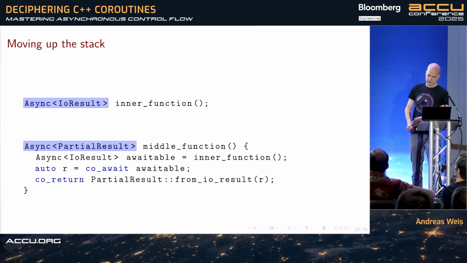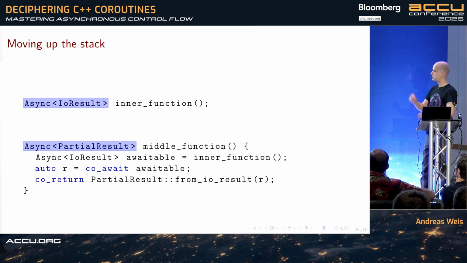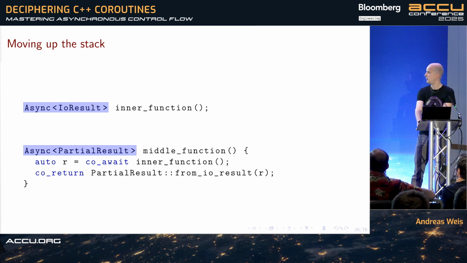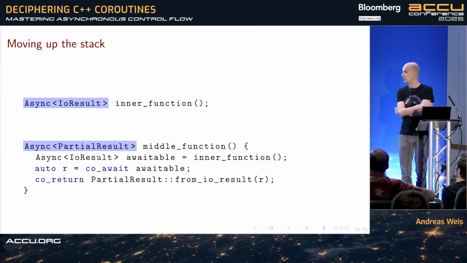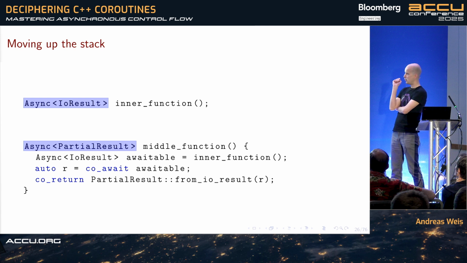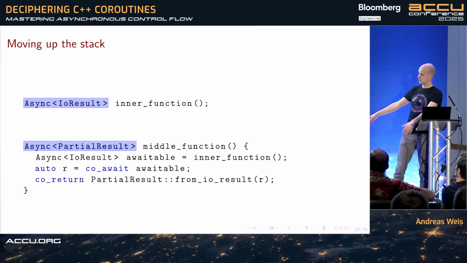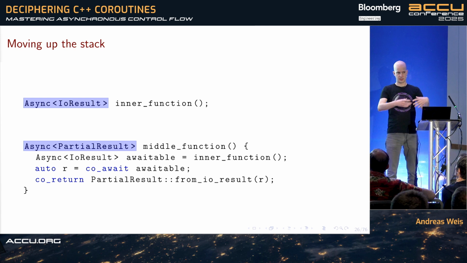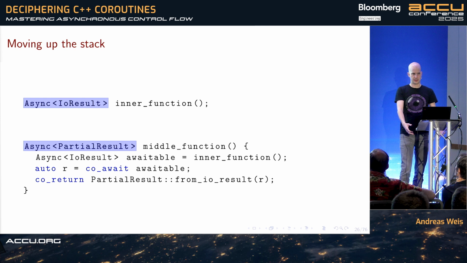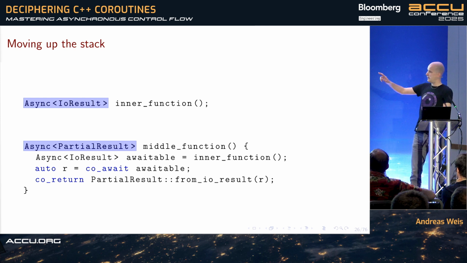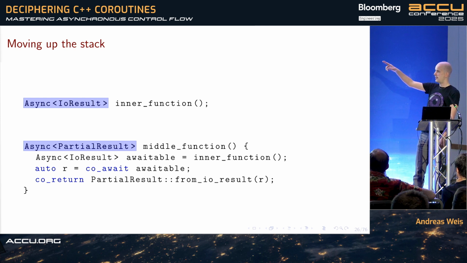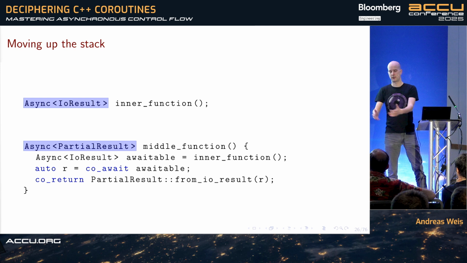One thing to note here: if we split up this co_await line, we will see what happens. The inner function returns an async IO result, that's its return type. And now we co_await on that async IO result that was returned by the inner function.